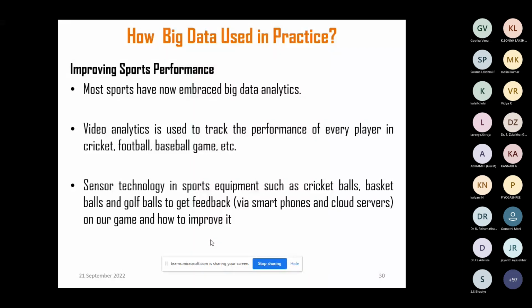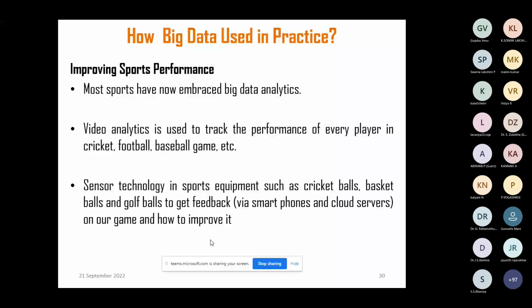For example, whether the ball has hit the bat, the pad, or the arm of the batsman can now be recognized, as sensor technology is being placed. Even on the stumps you can see sensor technology being adopted. The moment the ball hits, the stump, which is incorporated with LED lights, glows. So likewise, various technologies were incorporated, and big data adoption is widely there, right?